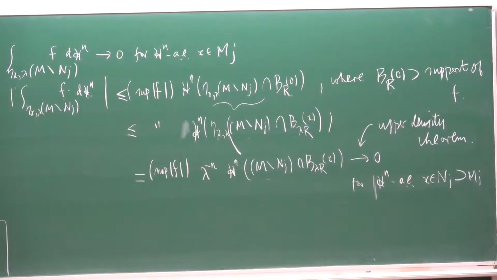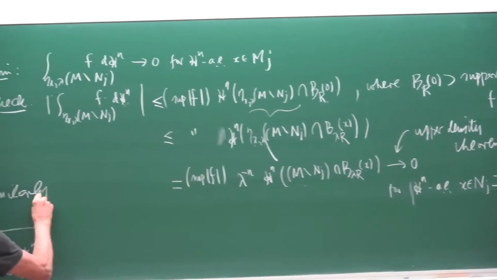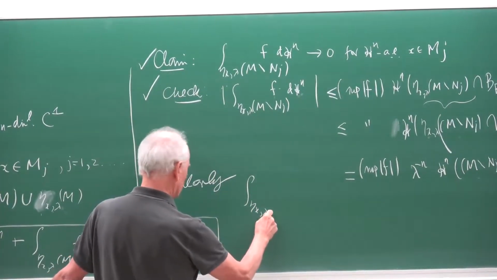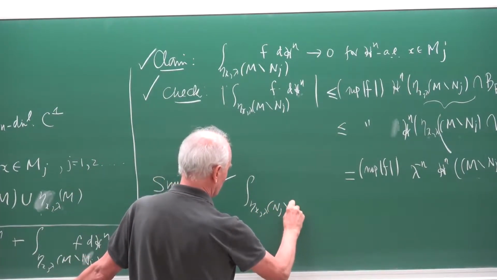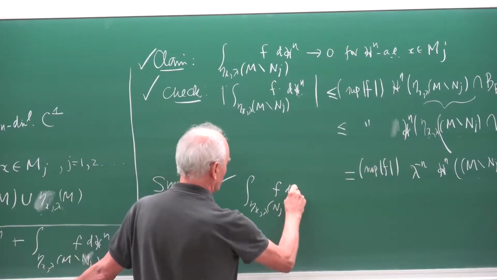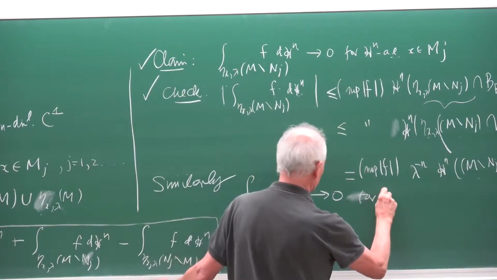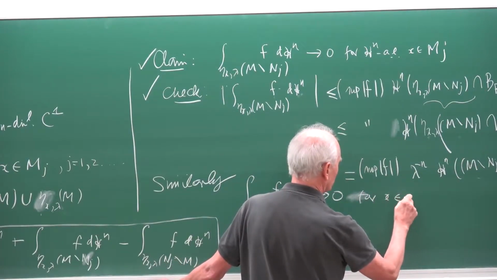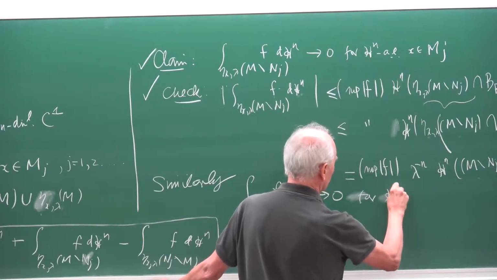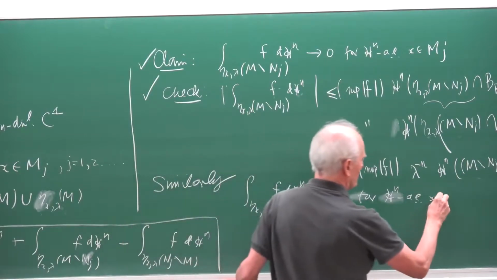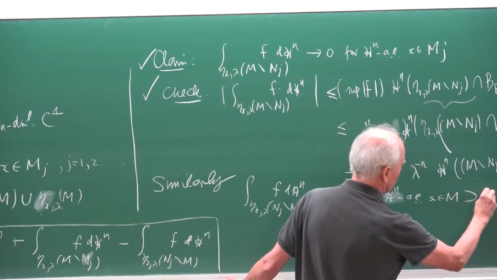That tends to 0. And similarly, an almost identical argument says this bit also tends to 0. So similarly, this guy tends to 0 for H^n almost every x in M this time, which of course again contains M_j.